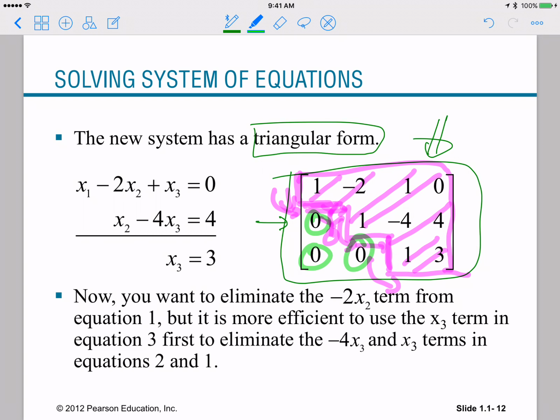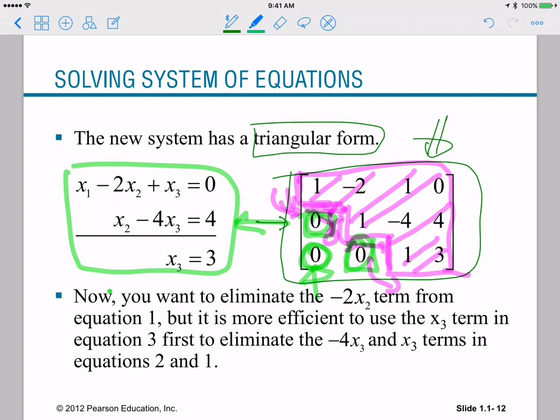We can just cancel out or eliminate or remove some variables like x1 in the third equation and x2 also in the third equation, and then also x1 in the second equation, and so on, right? Okay, and then we know this is corresponding to this, right? And then from here, it's a much easier form to solve.